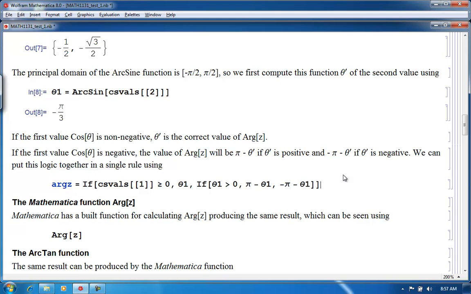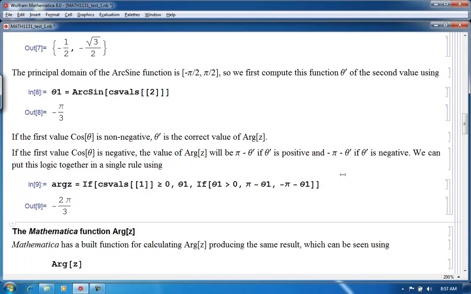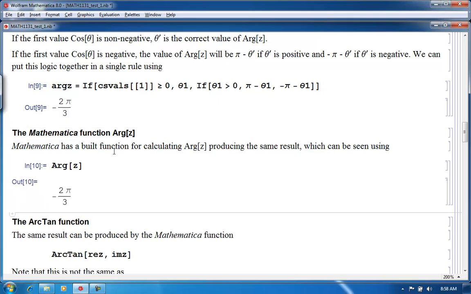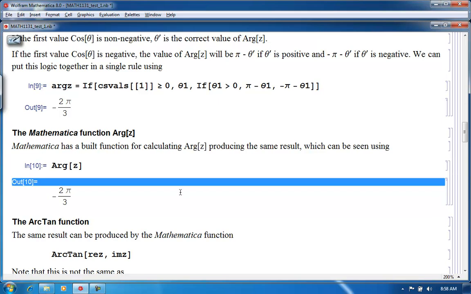So if we do that, we'll get minus 2 pi over 3, and that's fair enough. That's an angle in the third quadrant. Mathematica, in fact, has a built-in function for doing this, which we're not going to use because I'm trying to use Mathematica to imitate somebody actually solving the problems by hand.